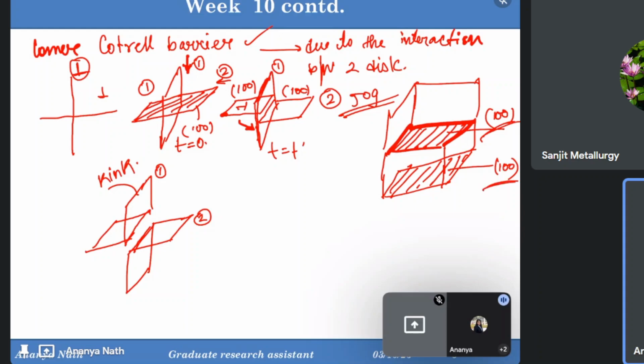You understand what I'm trying to say? Yes, ma'am. So jogs means when the dislocation has been broken down and now their slip plane has changed. They are in two different planes. The broken down dislocation is in two different planes, that will be called jogs.